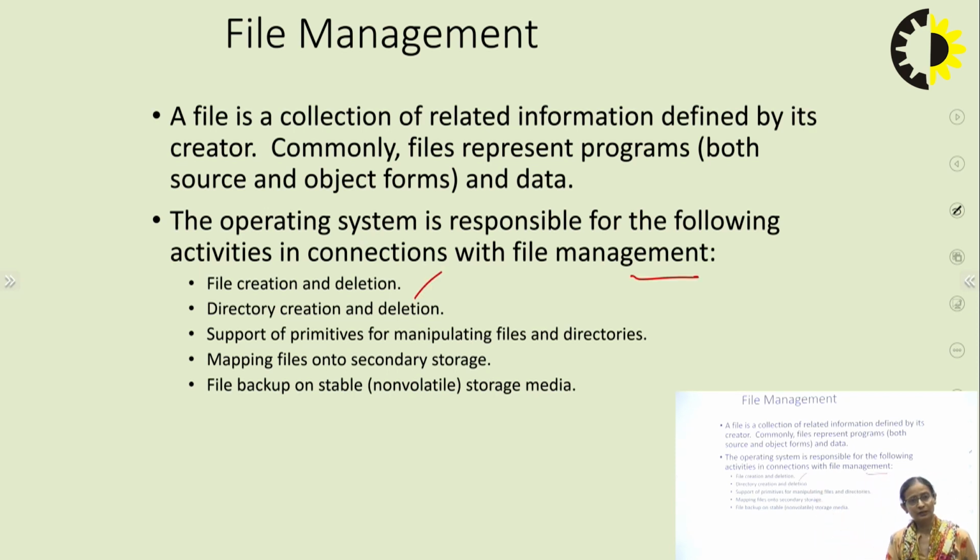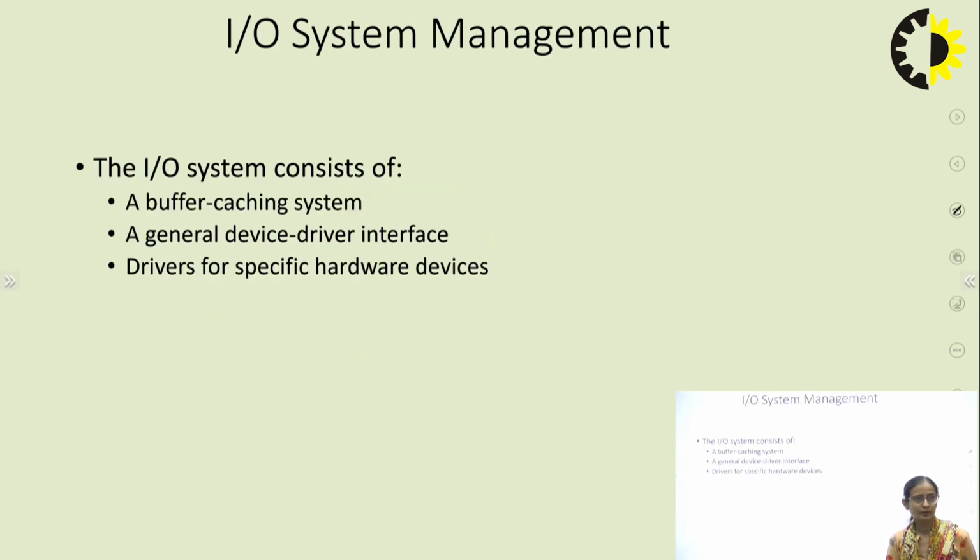When we keep a group of files within a directory, we need directory support, so directory creation and deletion is there. Support of primitives for manipulating files and directories. Mapping the files onto secondary storage, that is a hard drive. File backup on stable, that is non-volatile, storage media.